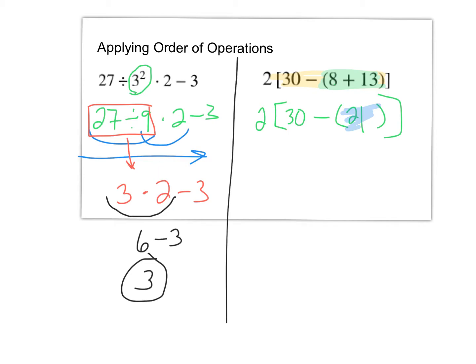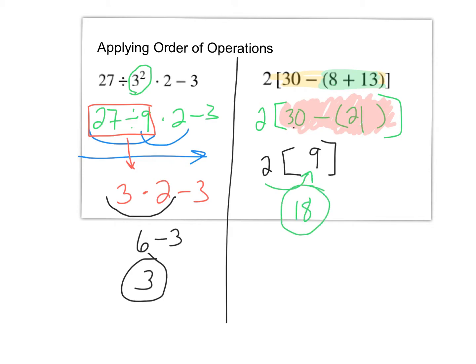So now we could step out of this parenthesis right here and start putting all that together. So when I do that, we're going to have 2. Now 30 minus 21 is going to be 9. And now let's finish the problem with some multiply. So 2 times 9 is going to be 18. Okay? So there's that one.